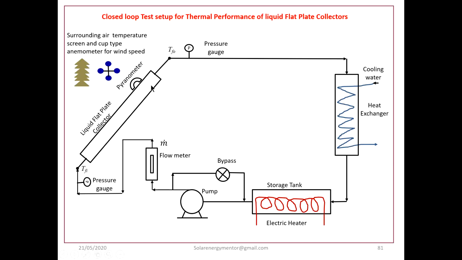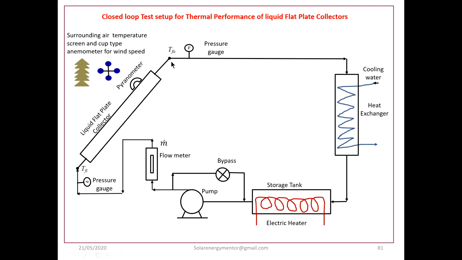Now this liquid flat plate collector is connected to the circuit through a pipeline, so it has an inlet and outlet. At the inlet there is a thermocouple or resistance temperature device to measure the temperature of the fluid entering the collector.